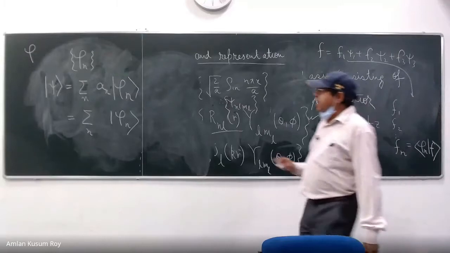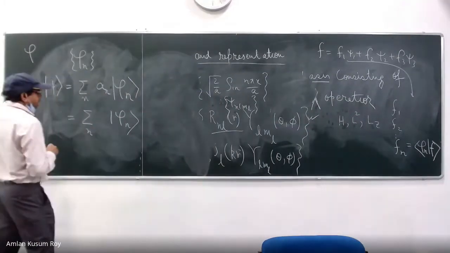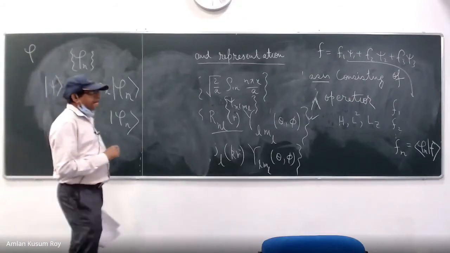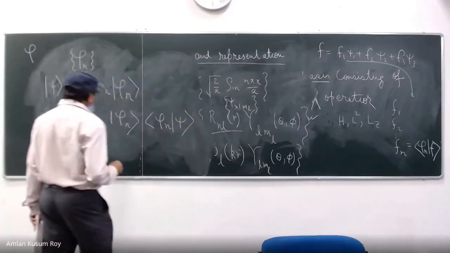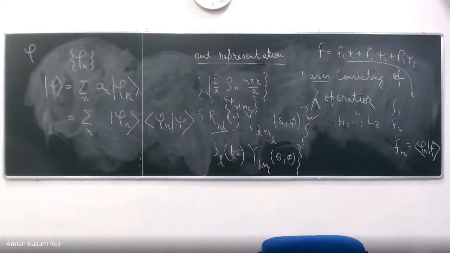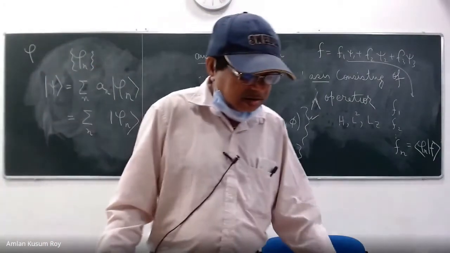So what is my An here? It's bra psi n and then ket psi. Is that correct?